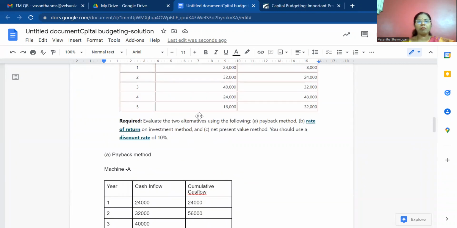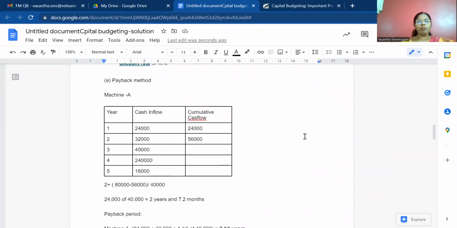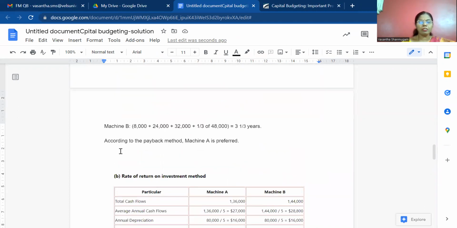Here it is clearly given that the company is considering purchasing a new machine, A and B, available for 80,000. Now we have to calculate annual depreciation. I will write the formula: cost of the machine, using the straight line method of calculating depreciation.